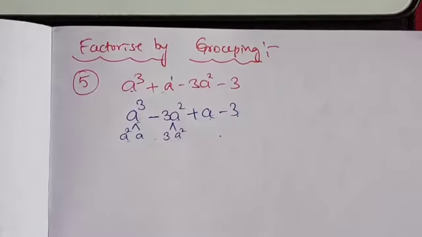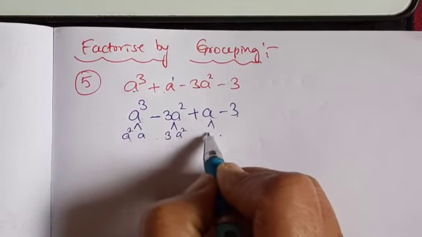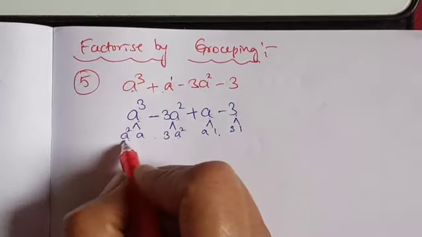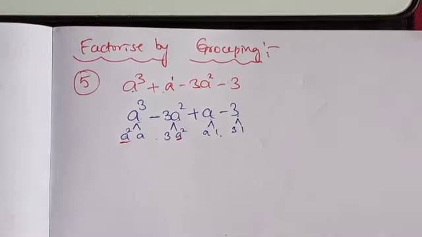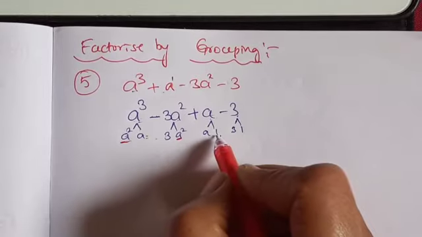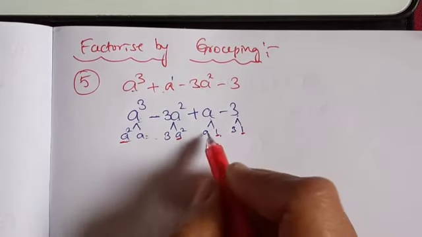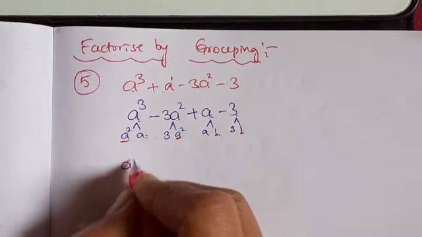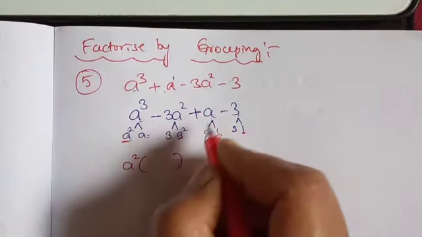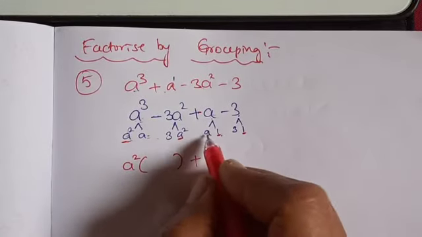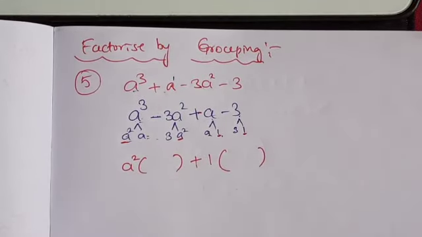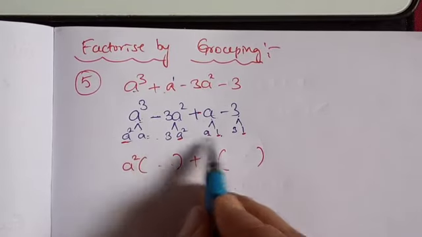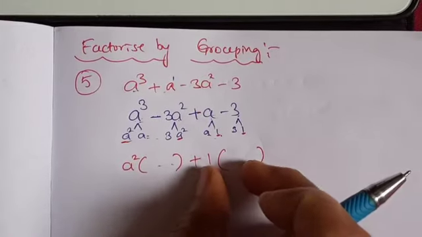Same here also. Next, a into 1, 3 into 1. If I take a square as common from these two, (a minus 3) is left. Here if I take 1 as common, (a minus 3) will be left. So here I take a square common, the plus will be left; here again 1 is common. That means these two bracket terms should be equal. Whenever you are choosing a common factor, the bracket term should be similar.